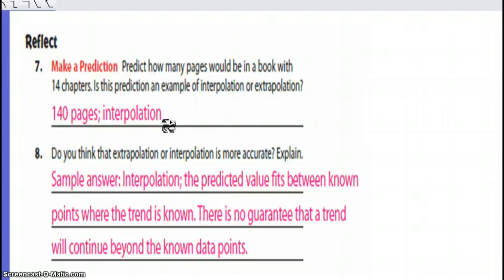Another reason is that there's no guarantee that outside of what we see, the trend is going to continue the way it goes. It could go up, down, or it could just be scattered completely. So interpolation is by far the most accurate because we can see not only the data itself, but we can also see the trend.